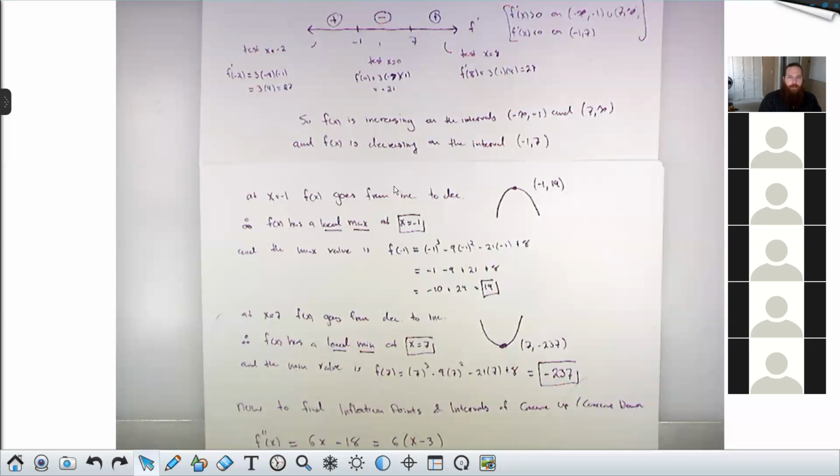That would be another place where f goes from increasing to decreasing, so that would be another local max. A local max, got it. Yeah, and if over here, maybe from negative infinity to -5, f prime was negative, then -5 would be a place where we went from decreasing to increasing. So that would be another local min. Got you, thank you.